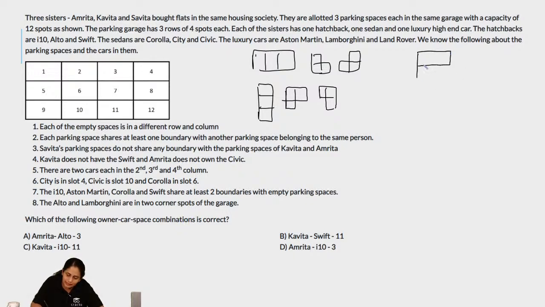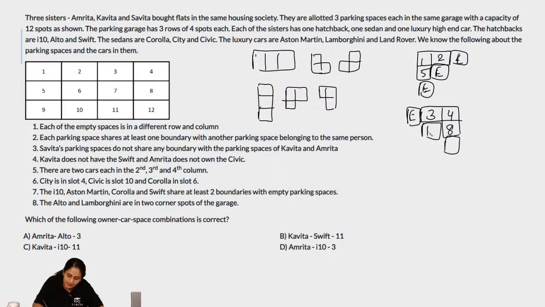It is either like 1, 2, 5. 1, 2, 5 are Savita's spaces, and 3, 6, 9 are empty. So these have to be empty then. This is one possibility. The second possibility is that 3, 4, 8 are her spaces, and then these 3 are empty.